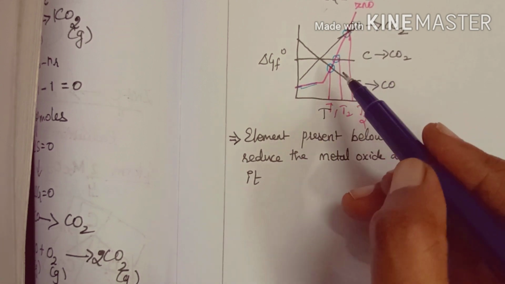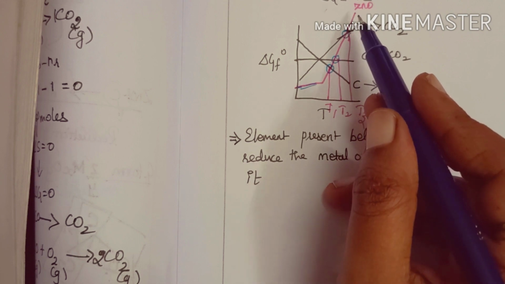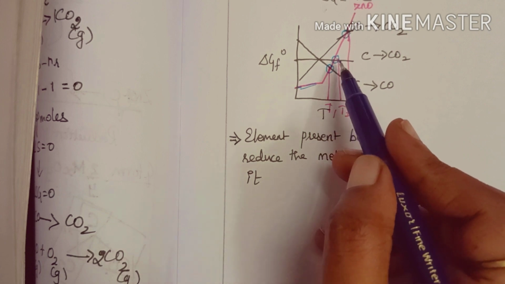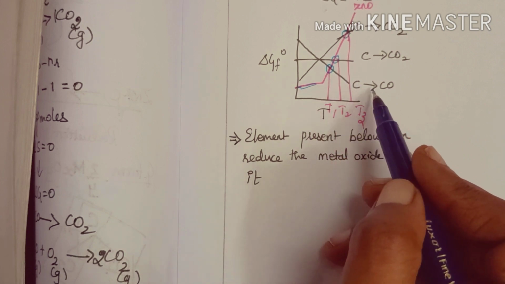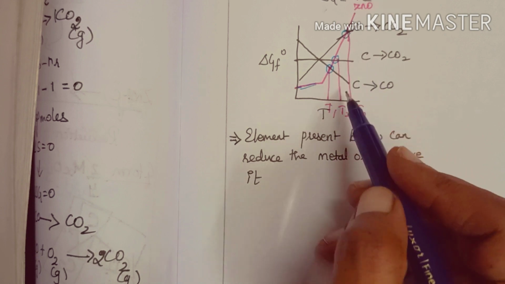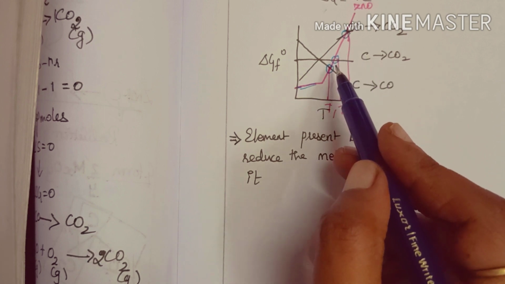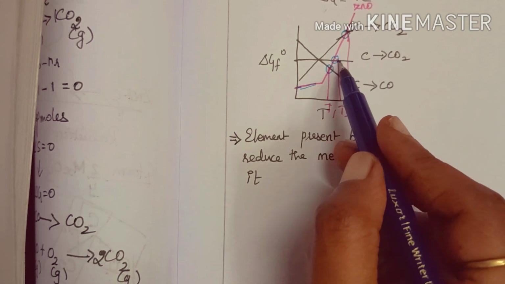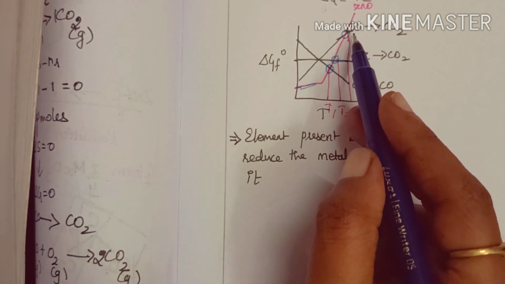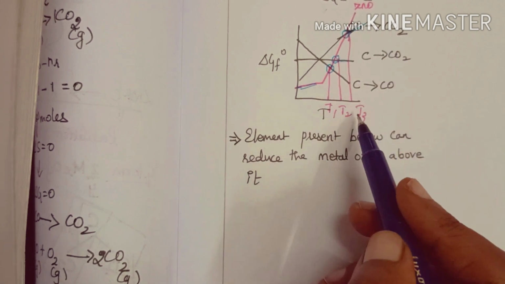So you can see this pink color line is below all the 3 lines at a particular temperature. After T1, C to CO is the line which is present below the pink one, from T1 to T2 C to CO2 is the line which is below the pink one, and CO to CO2 is the line at the temperature T3.